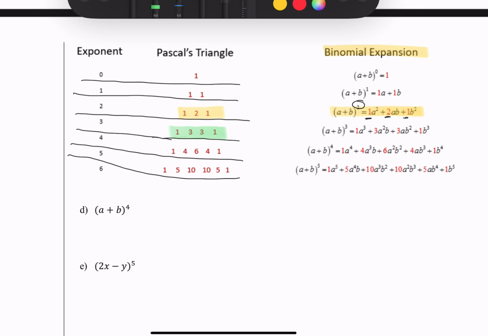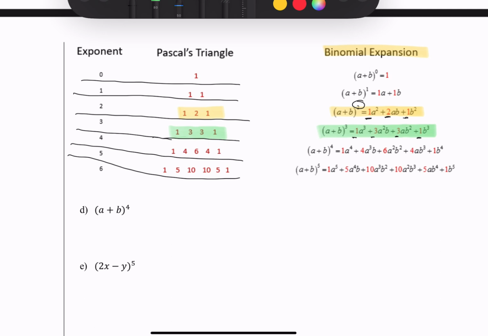Notice over here, the coefficients are 1, 3, 3, 1. So you can use Pascal's triangle to find the coefficients for any binomial to any power, which is absolutely super cool.